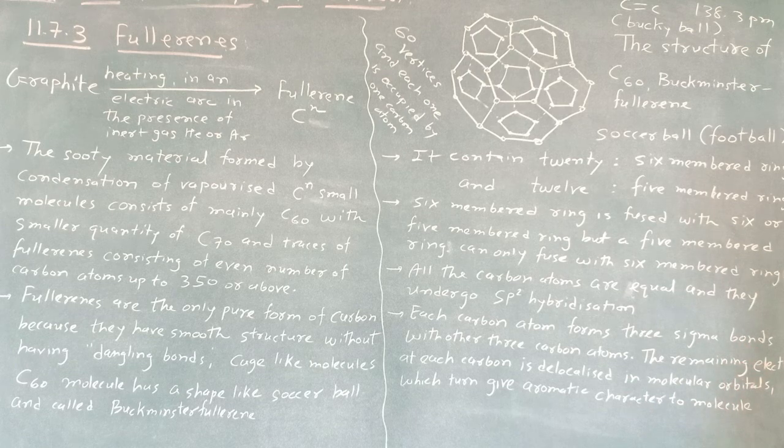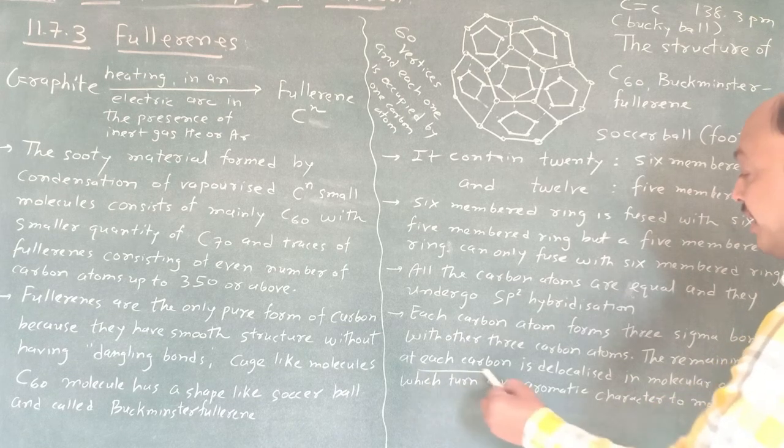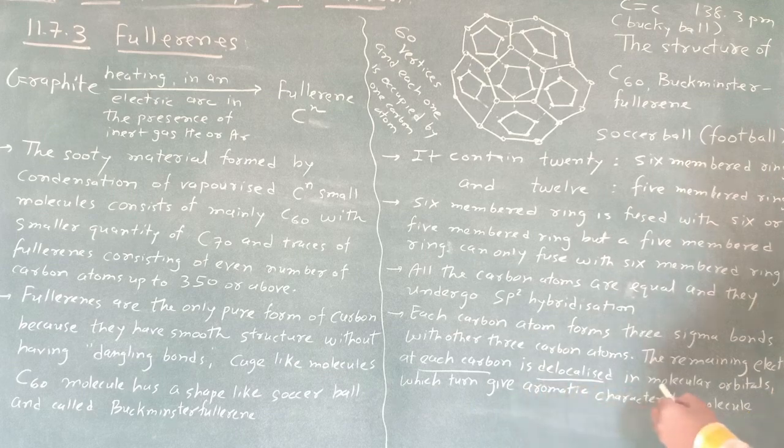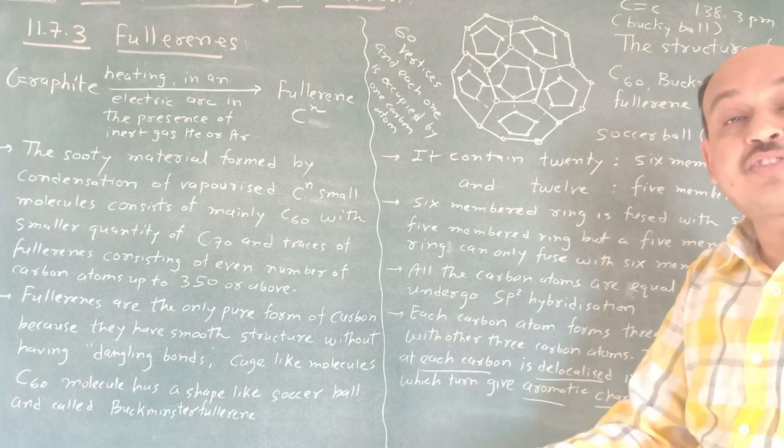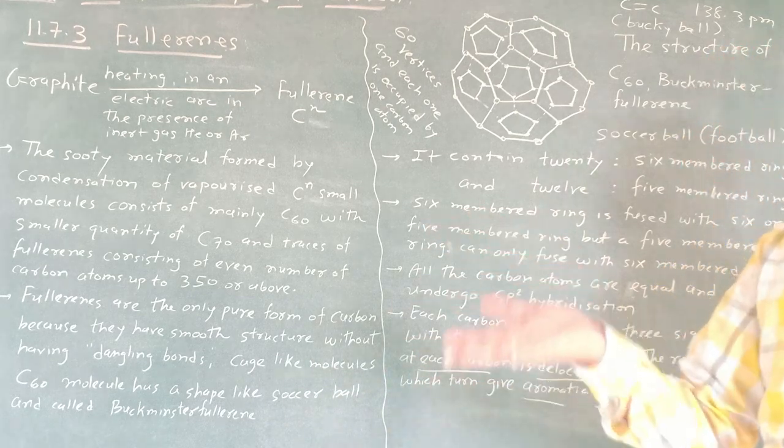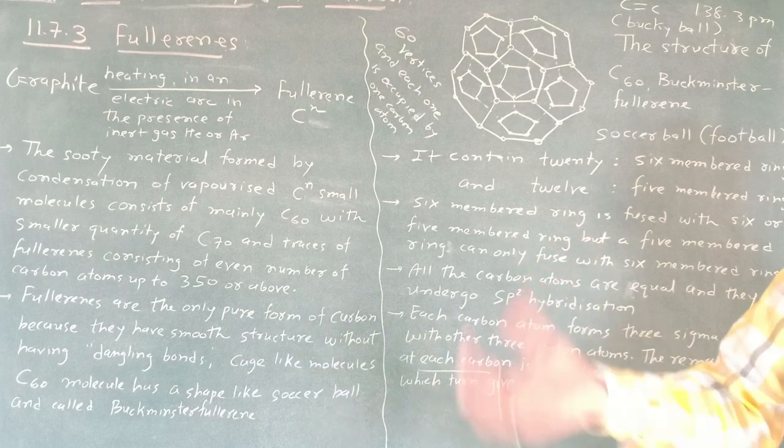The remaining electron at each carbon is delocalized in molecular orbitals, which in turn gives aromatic character. What is the meaning of aromatic character? When the substance is heated on a porcelain piece, it burns with a sooty flame.